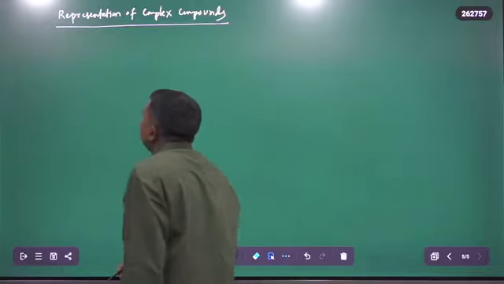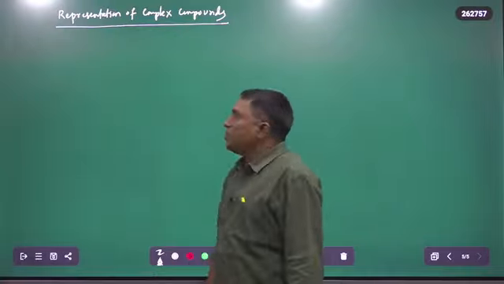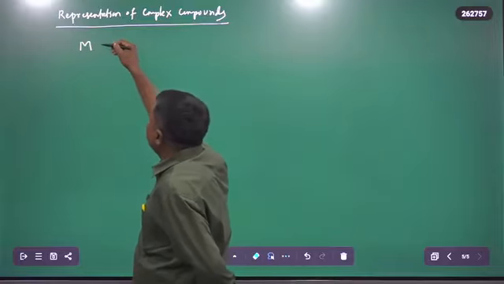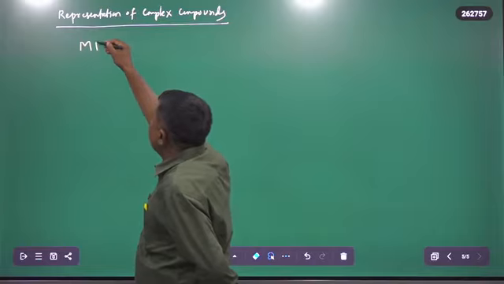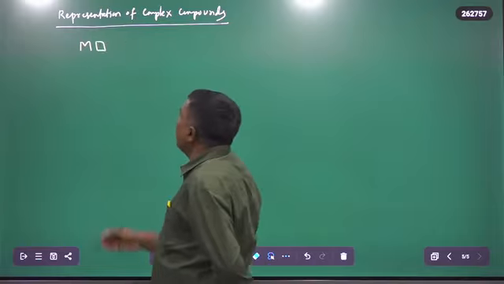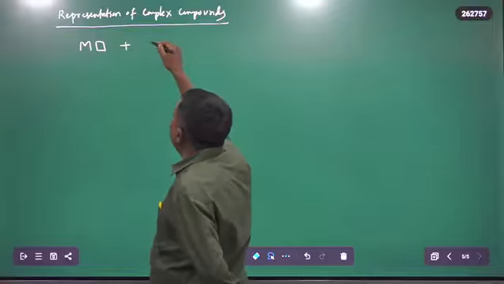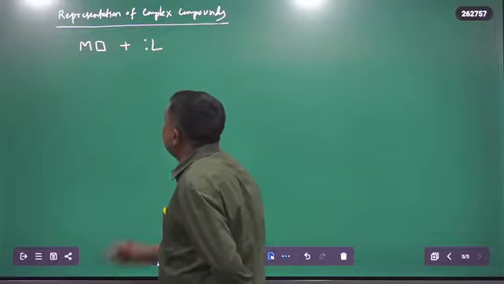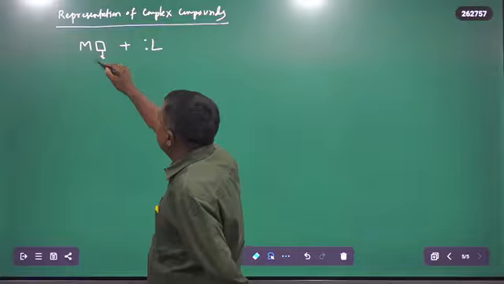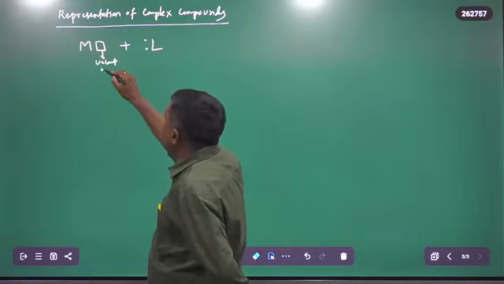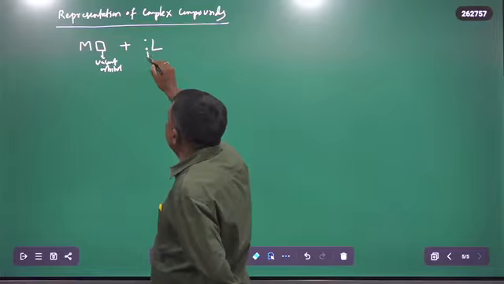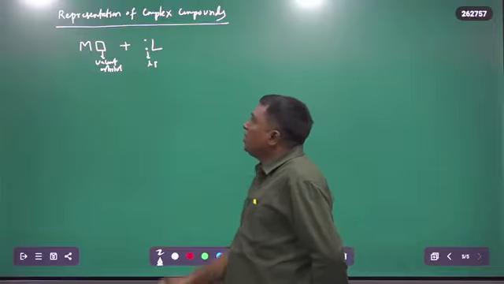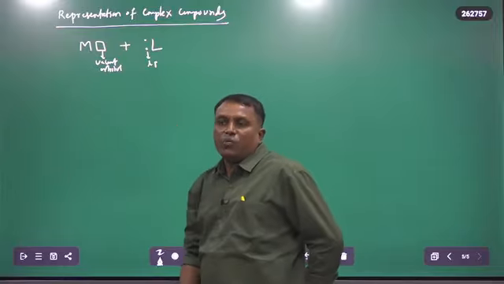Suppose this is the metal, and the metal generally has vacant orbitals. This is the vacant orbital, and this is the ligand. The ligand has a lone pair of electrons. So the ligand must contain a lone pair, and the metal must contain a vacant orbital.